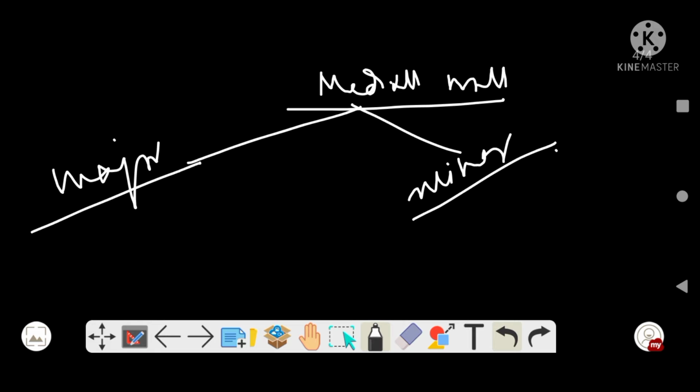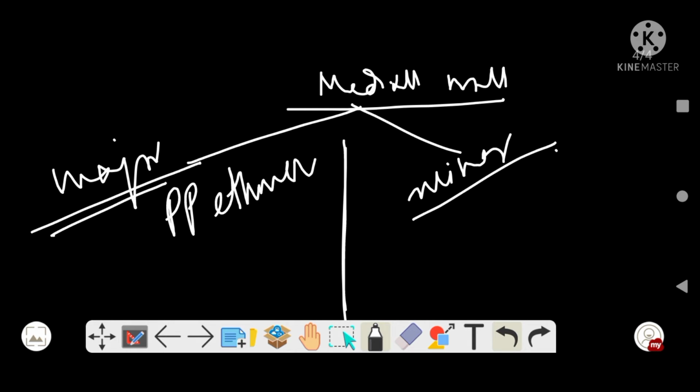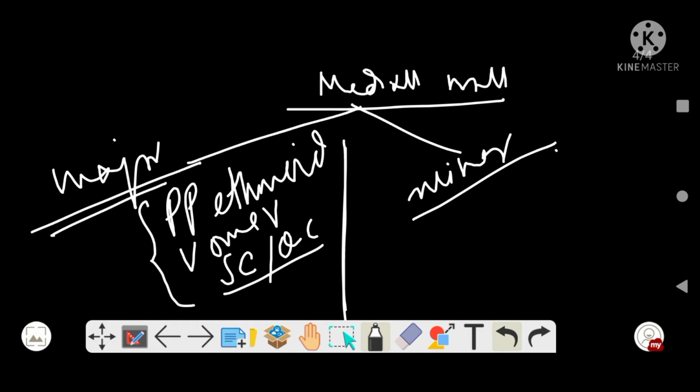So with the illustration we understood the locations of different bones and cartilages. Now we will try to divide them based on major and minor contribution. Major contribution is the perpendicular plate of ethmoid, vomer and septal cartilage or quadrilateral cartilage. These are your major contributions.